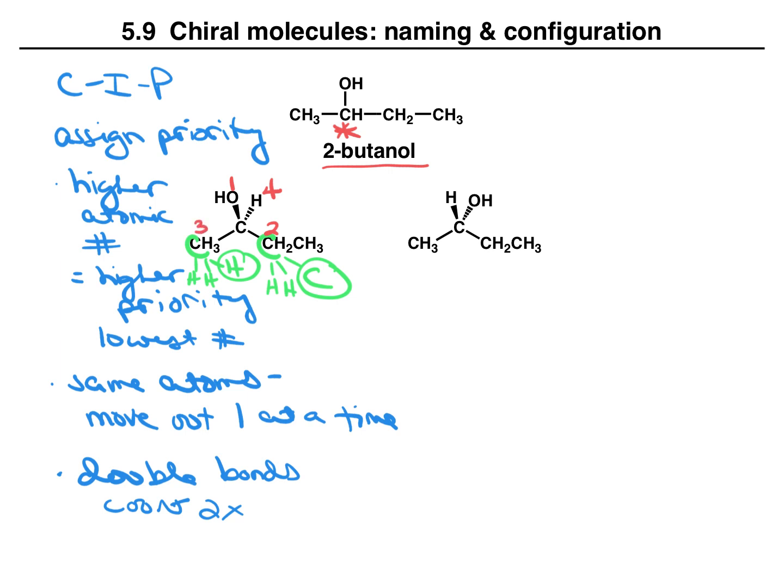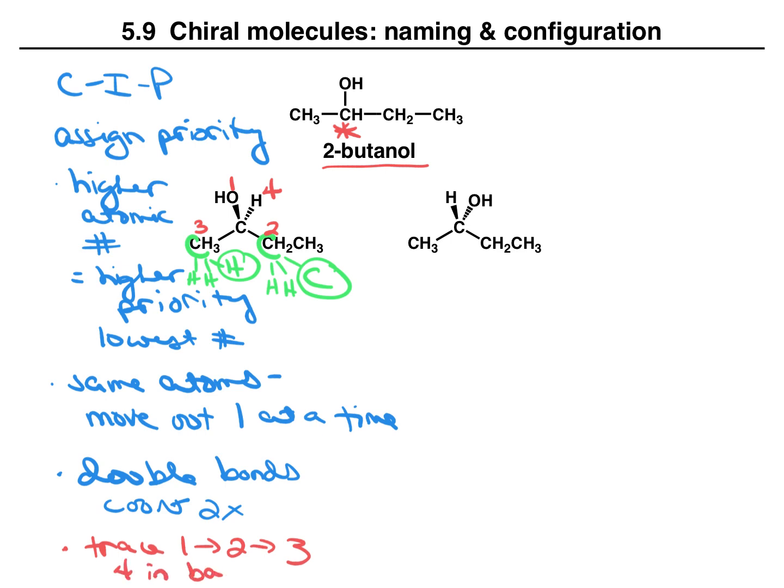Now, once we have assigned priority, then we need to trace the priorities 1 to 2 to 3 with the lowest priority in the back.